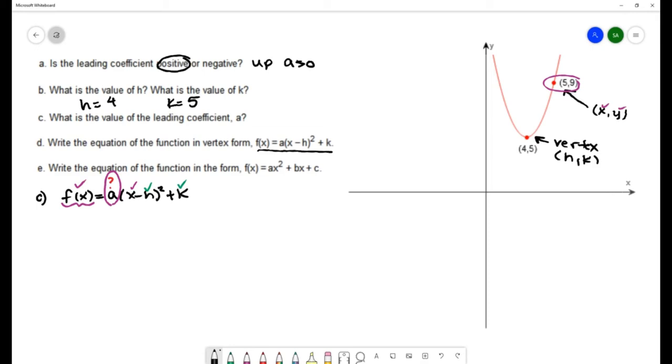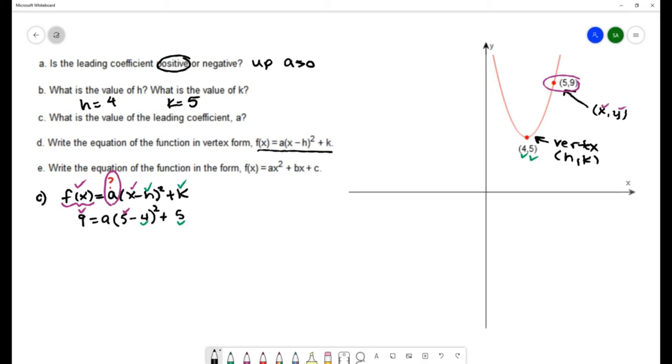So substituting those values in, we'll get 9 = a(5 - 4)^2 + 5. So remember that this is the h and k here and here. And then we have our x and y, and that's how we substituted into our equation.